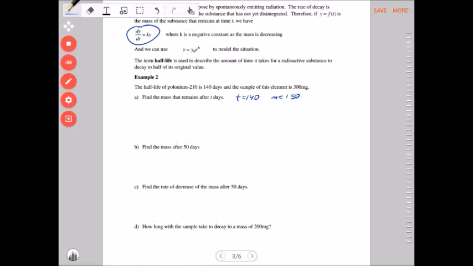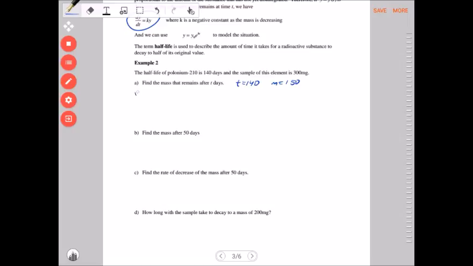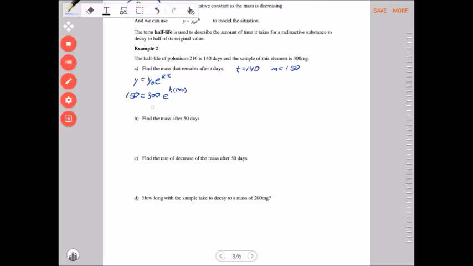That gives us our initial amounts. So if we're using y equals y0 e^(kt), the y is going to be 150 milligrams. We're starting with 300 e to the k, and we don't know what k is, that's what we're solving for, times 140. So we're trying to solve for k now.